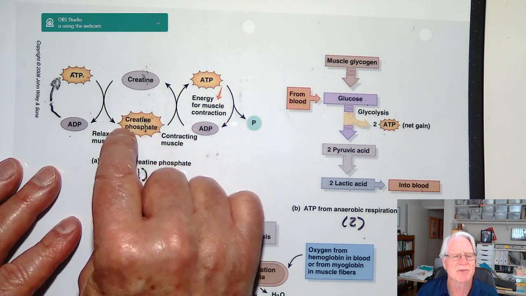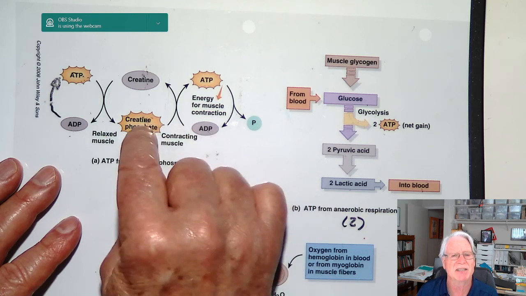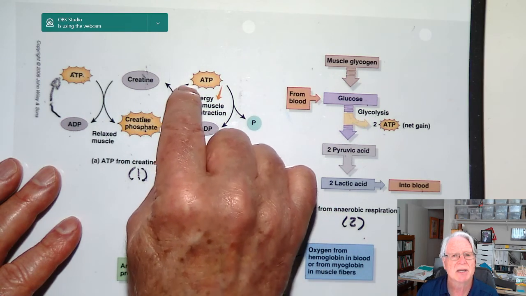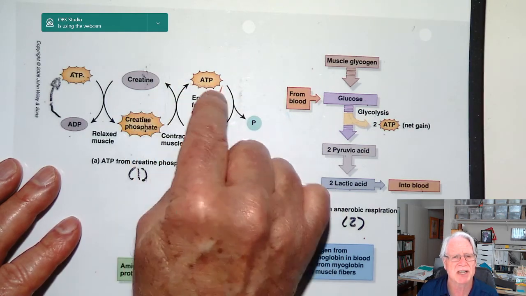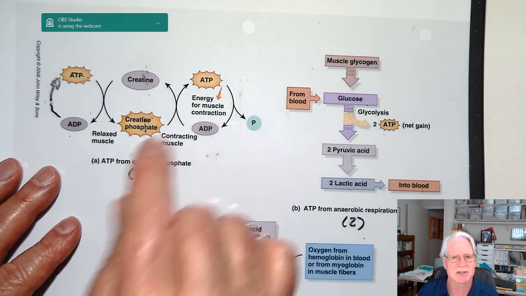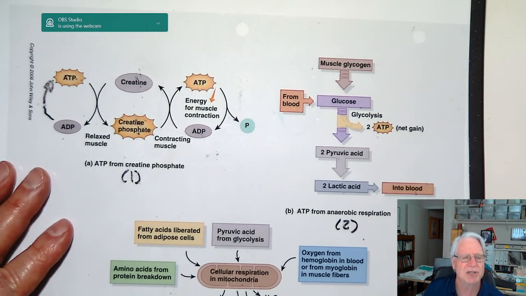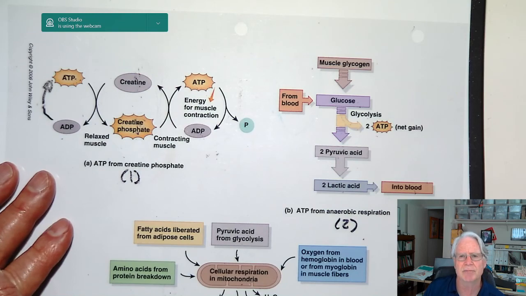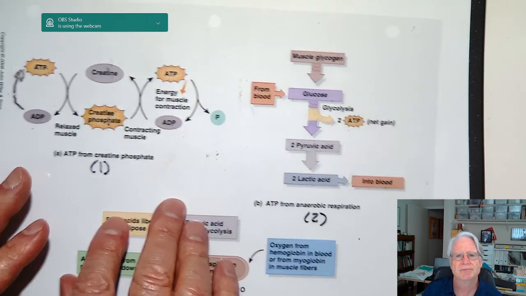Then we've stored that phosphate in the creatine phosphate, and we can donate it back to ADP to create ATP to keep the system going for a short period of time, as I said, around 15 seconds. Okay. So that's good for a short burst of energy. It's there, it's immediate, it's all contained within the skeletal muscles.